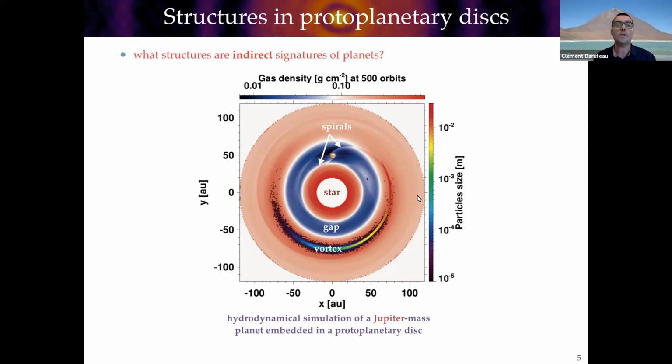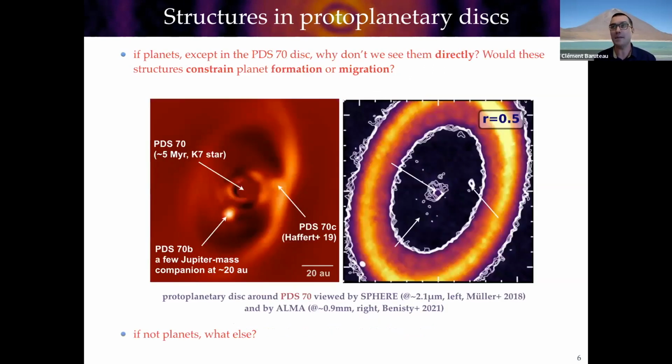So the question that I'm very interested in is to try and see which structures that we observe in actual disks are indirect signatures of planets forming in these disks. Because the issue is that, except for this very disk that perhaps some of you are already familiar with, which is the disk around PDS-70, the drama that we have is that we do not see the planets directly when we image disks.